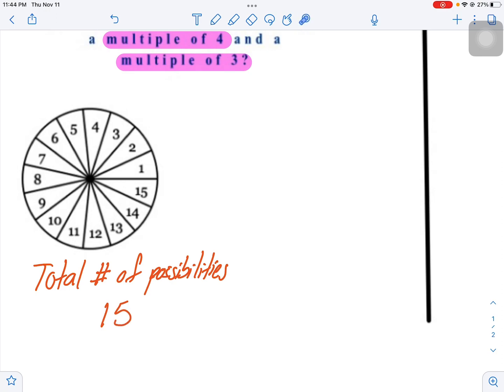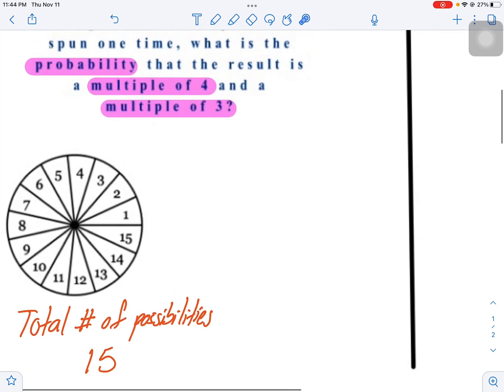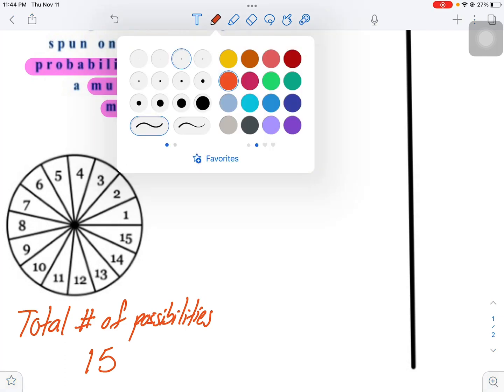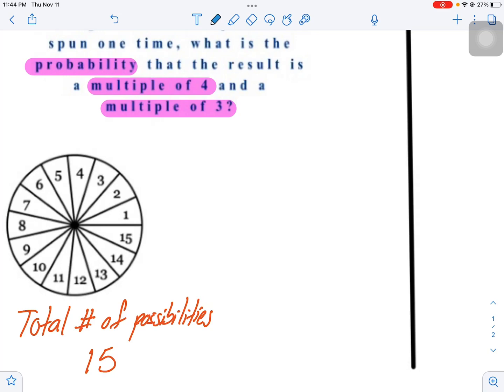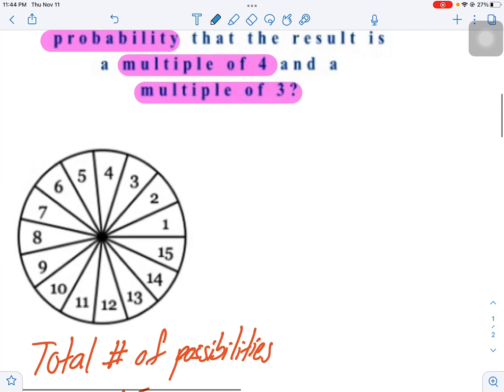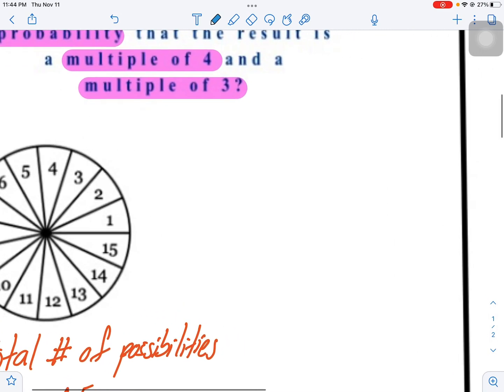So that's going to be our denominator, total number of possibilities. Now, what is our numerator? So here it says multiple of 3. So what are our multiples of 3? If you're not sure, you can use your multiplication table. So we're going to write down the multiples of 4 first.